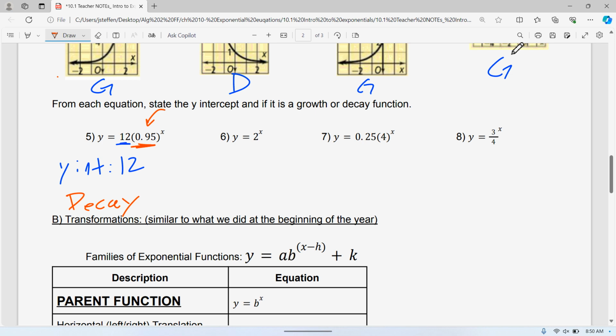Next one, there's the base number, and this is where it gets a little bit tricky. The base number is 2. That is not your y-intercept. If there is no y-intercept, it's always going to be 1. That's always where you start off. Nothing there, so the y-intercept is 1. This is a growth because that number is bigger than 1.